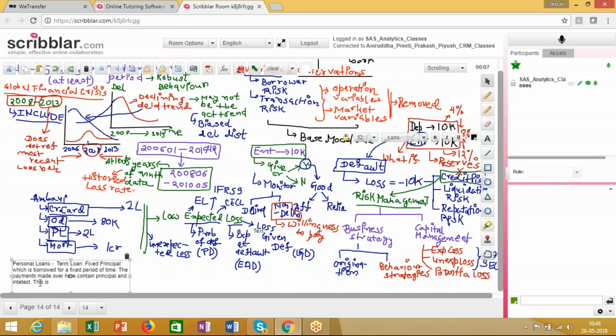This is classified as the other retail portfolio. Now, in this other retail portfolio, personal loans are a risky product because they are not secured.